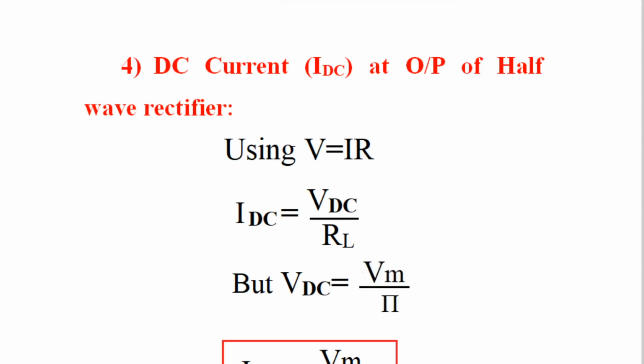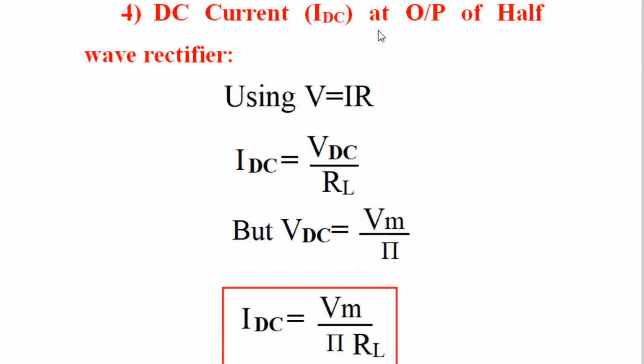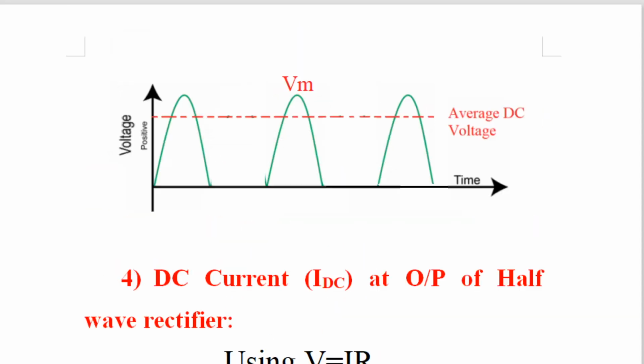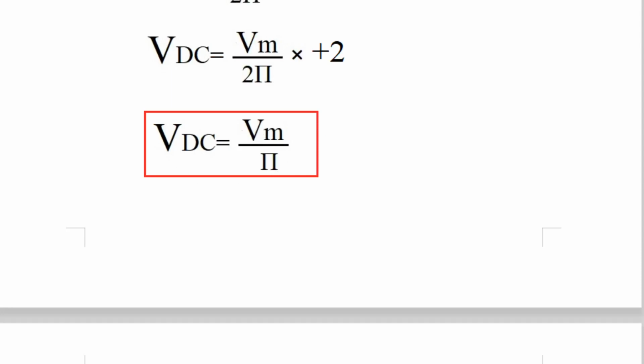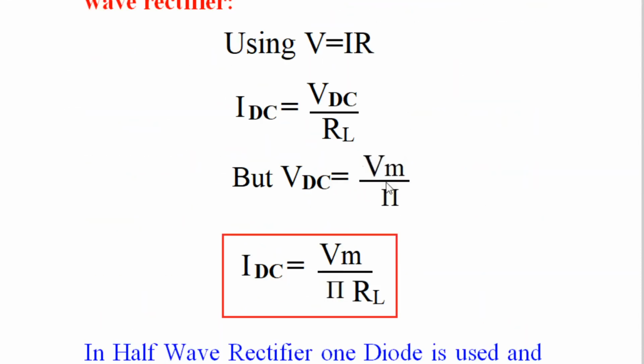Now there is one last topic, which is the DC current, that is IDC, at the output of the half wave rectifier. How much DC current will flow through RL? It's very simple, using V is equal to I into R, which is Ohm's law. Current flowing through any resistor is given by voltage upon resistance. So I is equal to V by R, but we are calculating IDC, which is equal to VDC divided by RL. VDC we just calculated a minute before: VDC is equal to Vm upon pi.